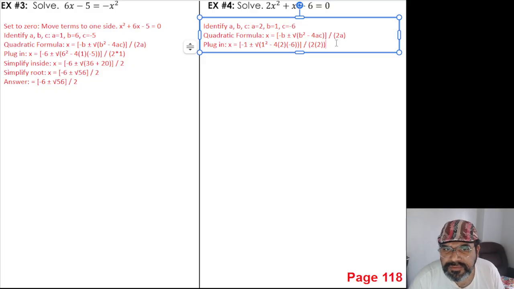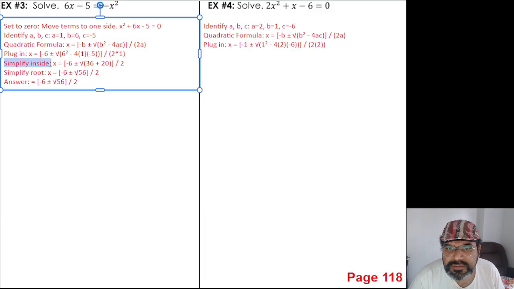Great. Let's simplify inside. If we simplify inside, we're going to have exactly what?